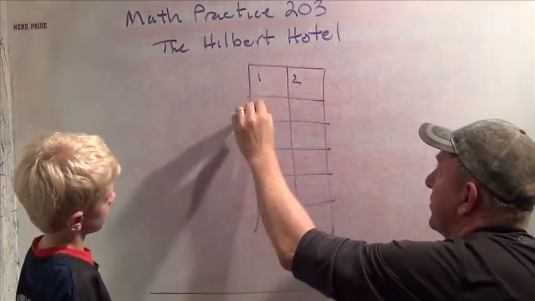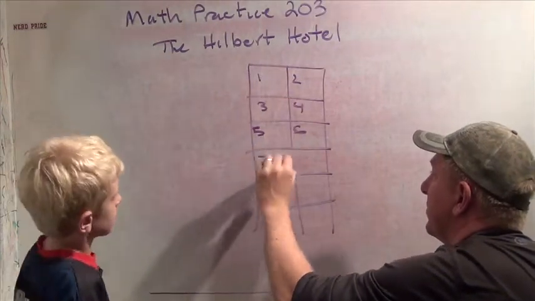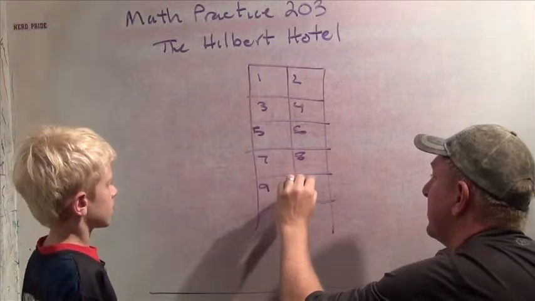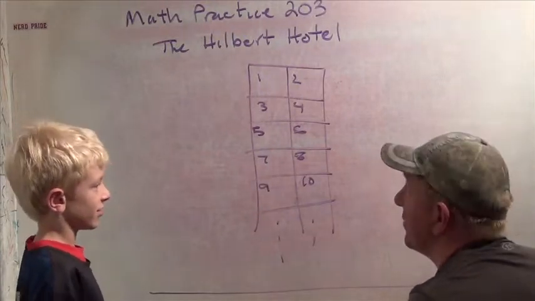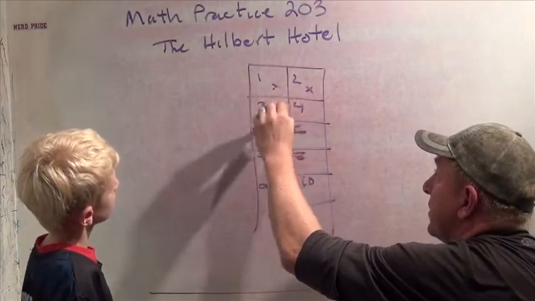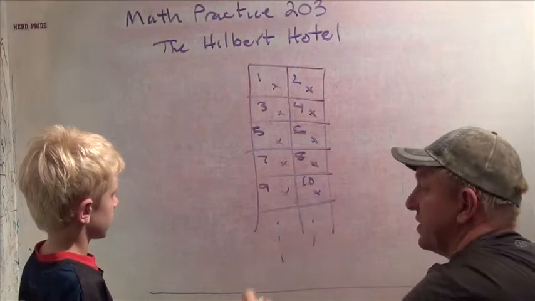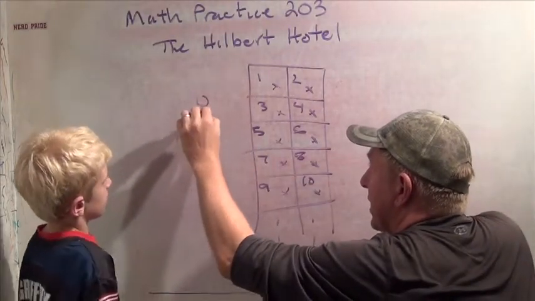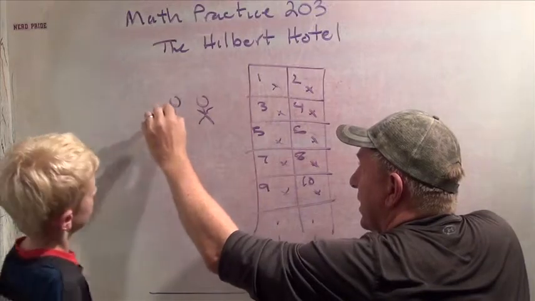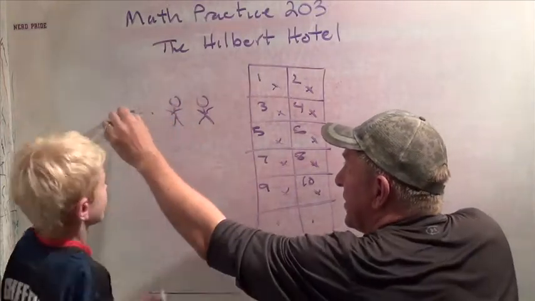Room 1, room 2, room 3, room 4, room 5, room 6, room 7, room 8, room 9, room 10, and this is the Hilbert Hotel, so it goes on forever. But every room is full. But you have a bus that shows up with infinitely many people. So here's your guy, there they are. But there's infinitely many of them.